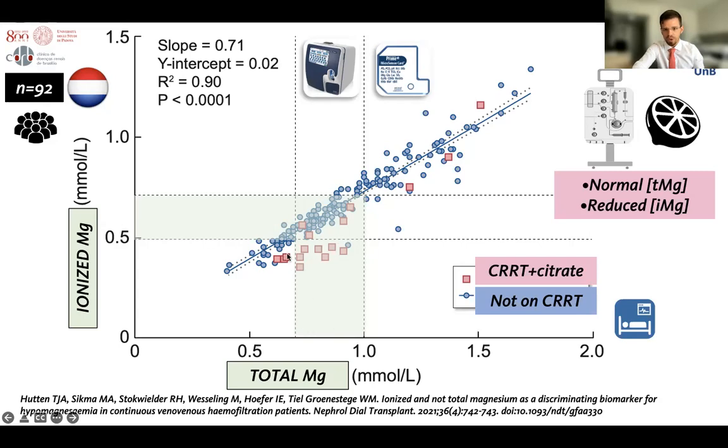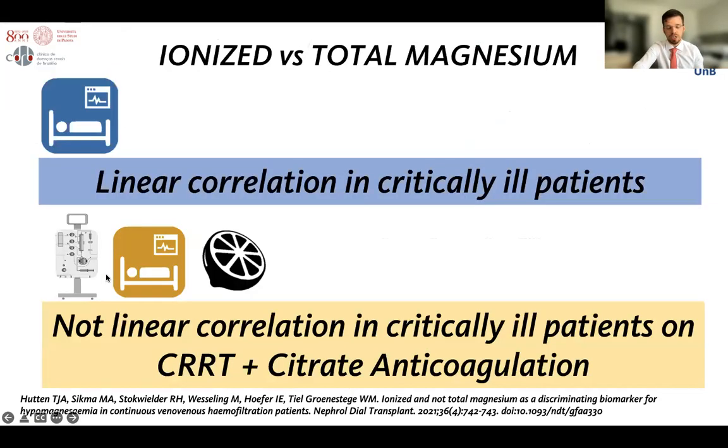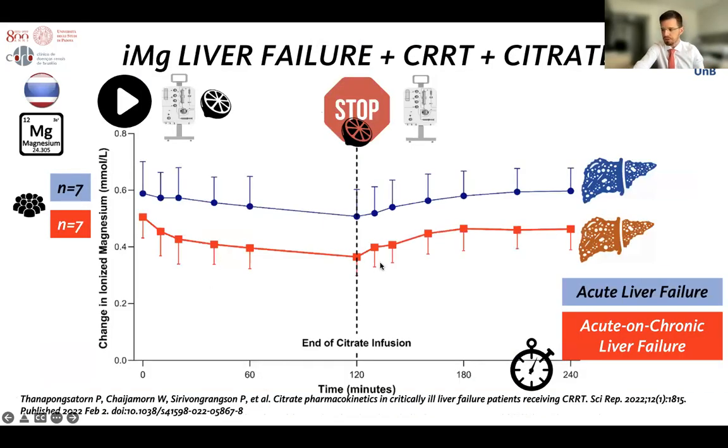So in those patients, we had the false impression that their magnesium concentration was normal, but actually they had a reduction in the bioavailable form of magnesium, which is the ionized one. So there is a linear correlation of total magnesium and ionized magnesium in critically ill patients. Nonetheless, this is not true for patients undergoing CRT with regional citrate anticoagulation.